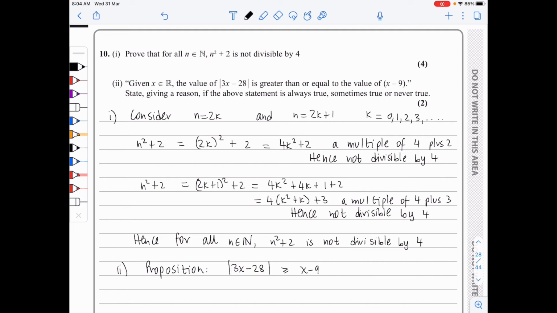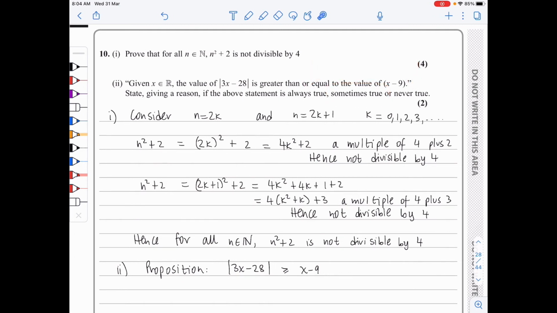We need to state, giving a reason, whether this statement is always true, sometimes true, or never true. Now, if we feel that it's sometimes true, we need to provide numerically an example when it's true and when it's false. If it's always true or never true, we need a solid proof of this being the case.